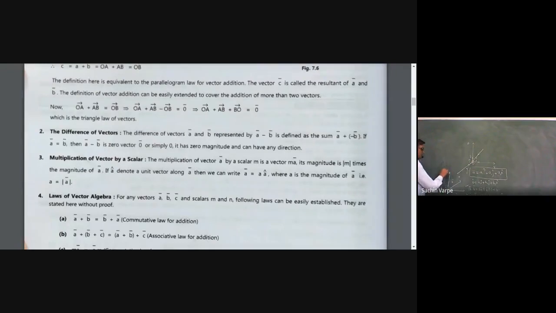So this is your a bar cross b bar, and n cap will be a unit vector in the direction of a bar cross b bar. These two products you have studied in 12th, along with detailed discussion of the applications to STP also, and even the applications in physics.